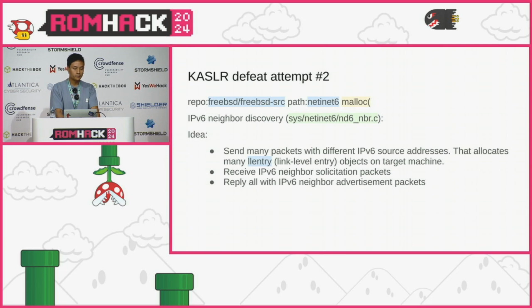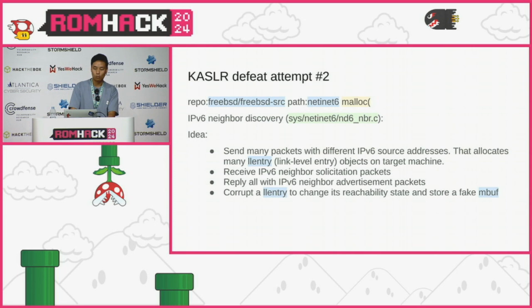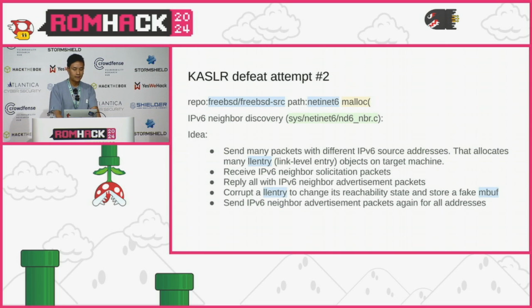Once they are stored safely in the cache, we trigger the corruption and overwrite one LL entry object. What we do is change the reachability state from reachable back to incomplete. We also store a fake mbuf that will be sent out later. Finally, we send IPv6 neighbor advertisement packets for all the different addresses.